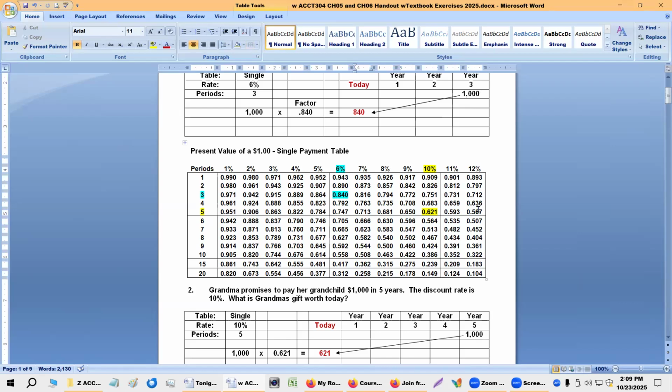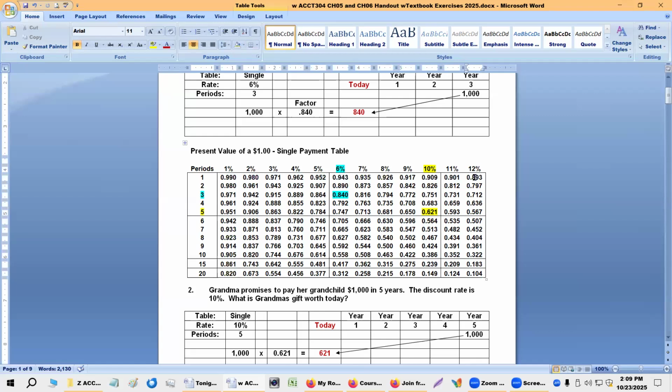Was the money's worth less every year? Yes. So the more years you go on, if you go down the list here, as you go down the years, you'll see it gets less and less and less. The further out you go, the less it's worth. Also, if you look at the time value of money, this is sort of like inflation. It's going across the top. As the interest rate goes up, it becomes less and less.